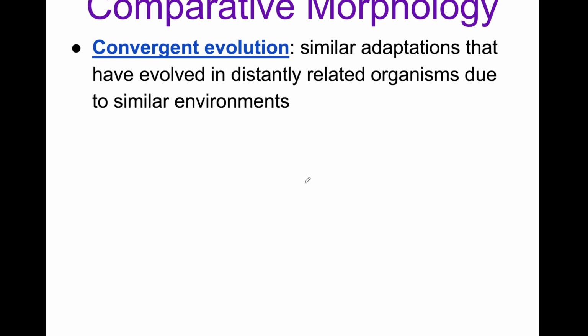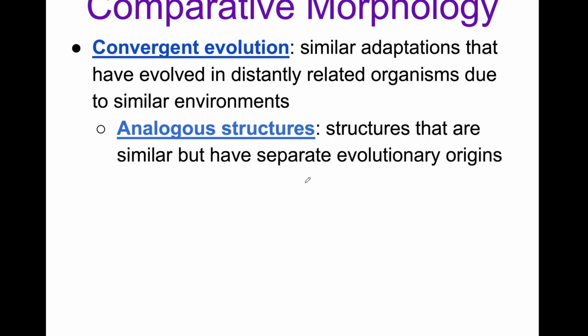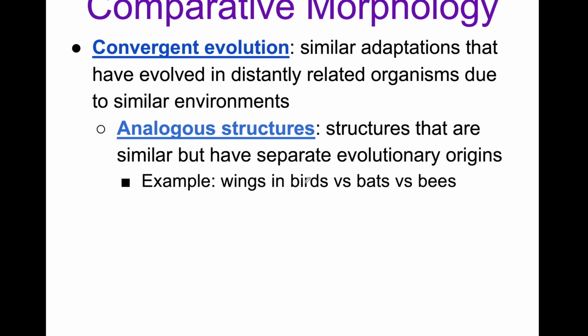Cool. So, moving on with comparative morphology, there are a few explanations for why we have the same bones as other mammals and even some amphibians. One is this idea of convergent evolution: similar adaptations have evolved in distantly related organisms due to similar environments. Then you have analogous structures that are similar but have separate evolutionary origins.